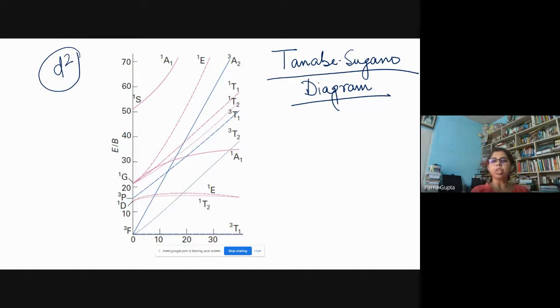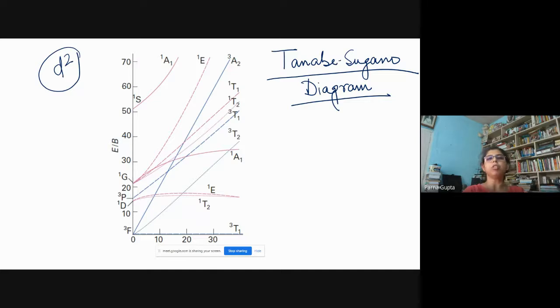of a d2 system. If you learn to read the Tanabe-Sugano diagram, you will have the idea of the selection rules. There are selection rules for spin allowed transitions, Laporte forbidden and Laporte allowed, different types of transition rules that consider the spin multiplicity, the orbital angular momentum, and the crossing of the states.